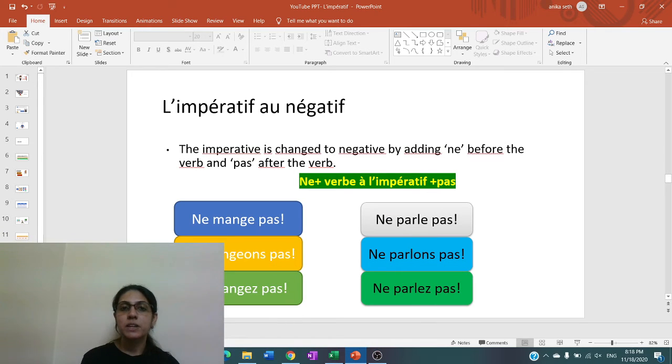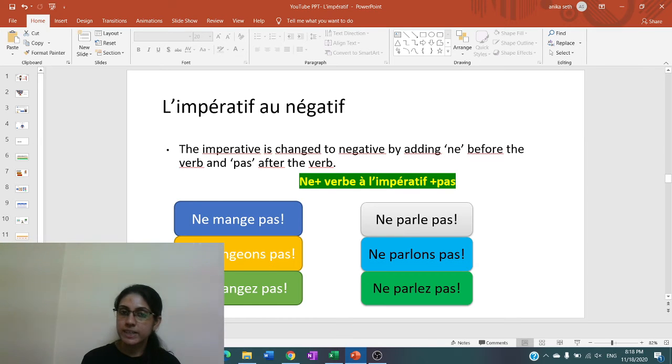Next is the imperative negative, the imperative tense in the negative form. When we need to change this to the negative form, what is the structure of the sentence?